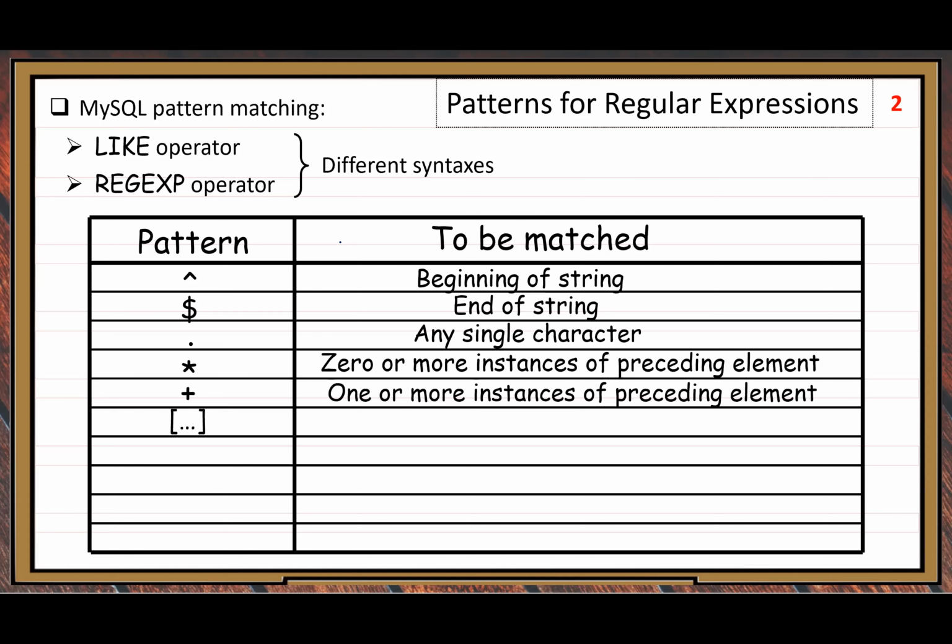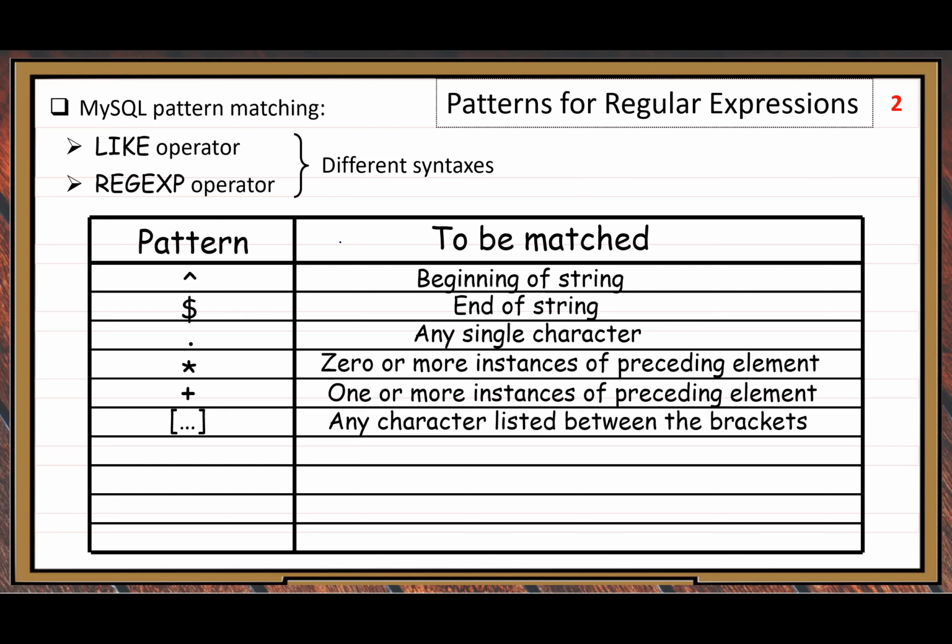Bracket. Here the dot dot dot is not literal, because inside a pair of brackets you need to put a few options. The dots mean certain elements inside that bracket: any character listed between the brackets.